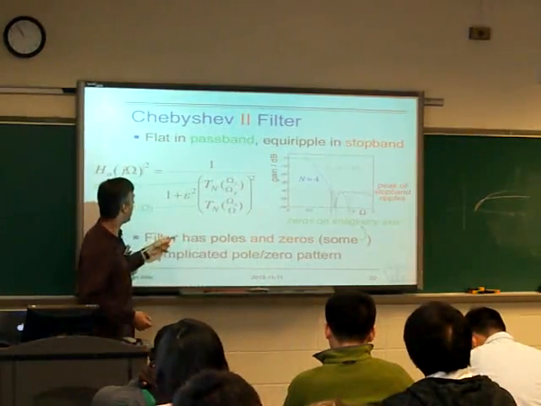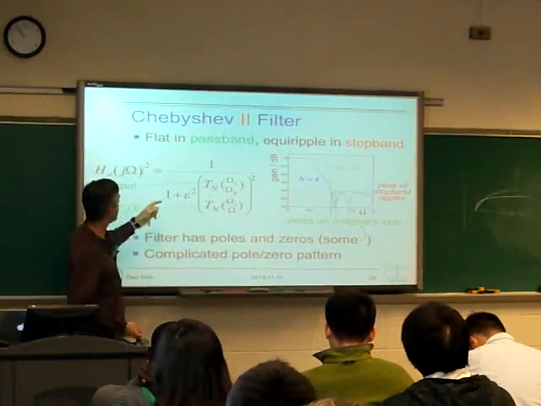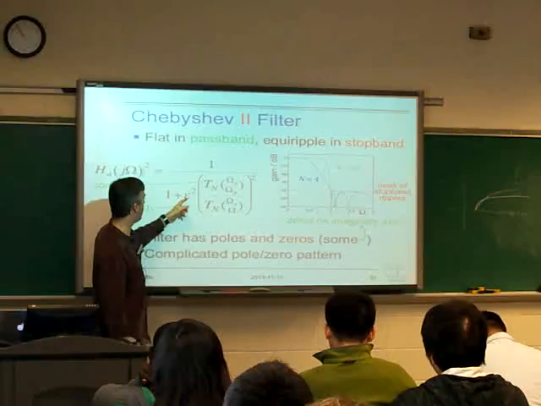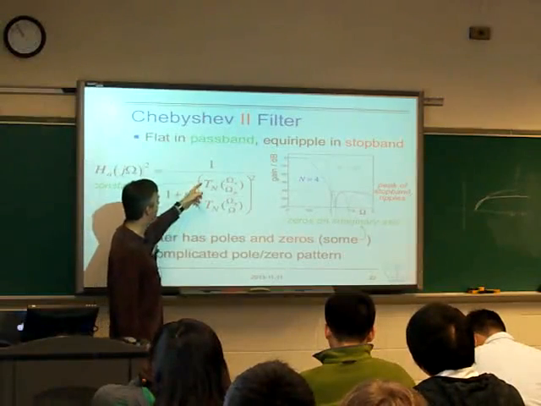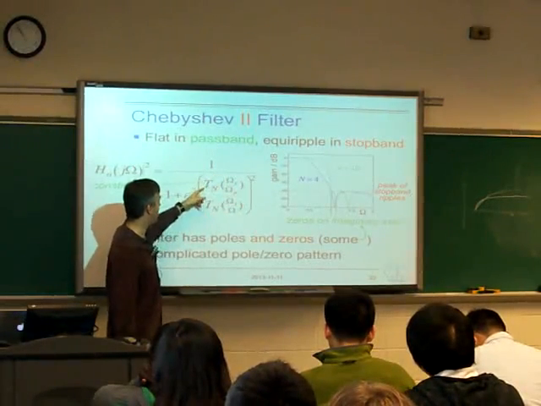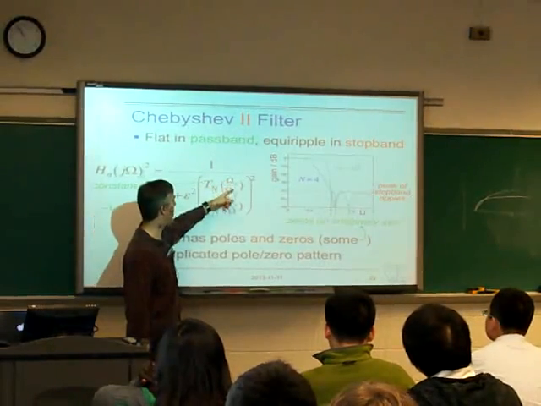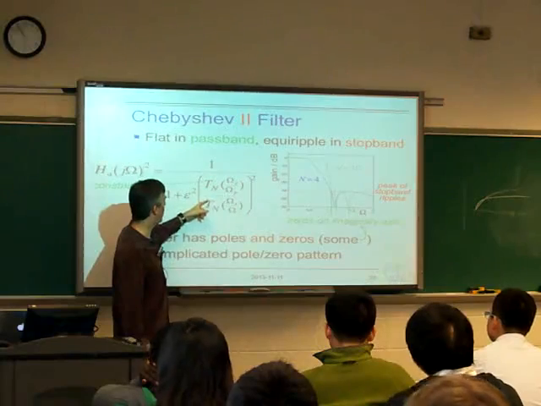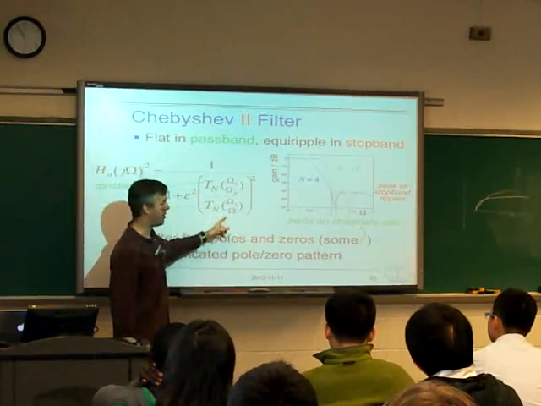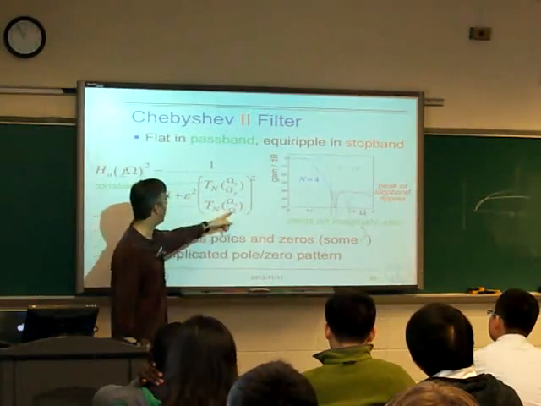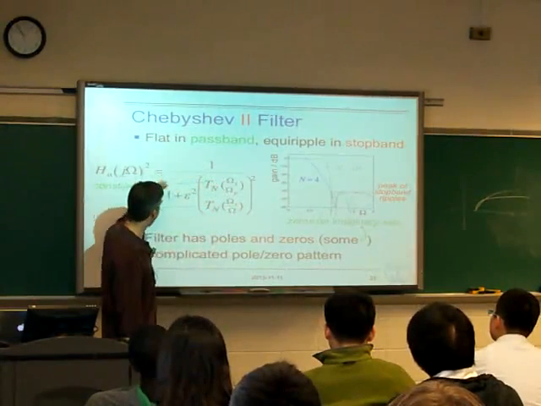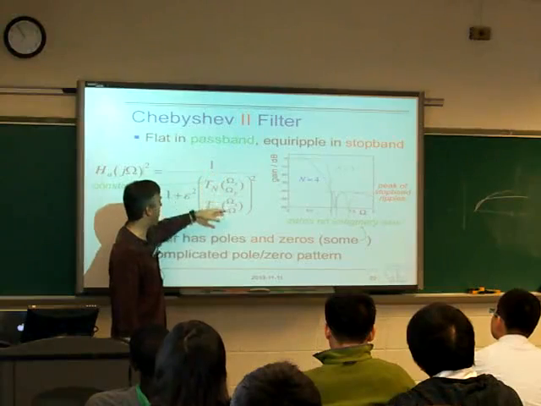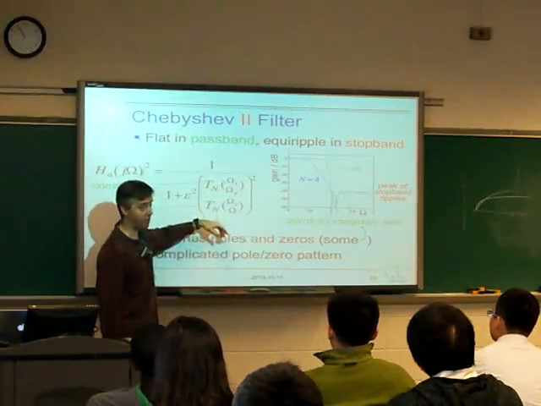The polynomial looks like this. The magnitude squared response is 1 over 1 plus epsilon squared, but now it's this thing, which is a normalizing constant, the Chebyshev polynomial for the stopband edge on the passband edge, divided by the stopband edge divided by frequency. So here's the actual dependent variable, the omega in here, and it's 1 over 1 plus epsilon constant divided by Chebyshev of 1 over frequency.